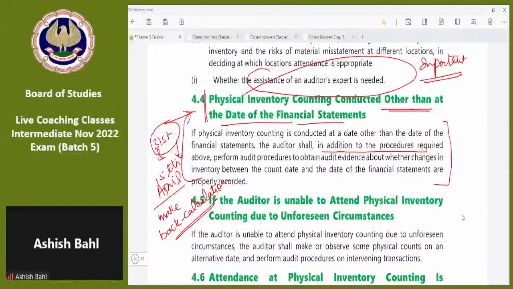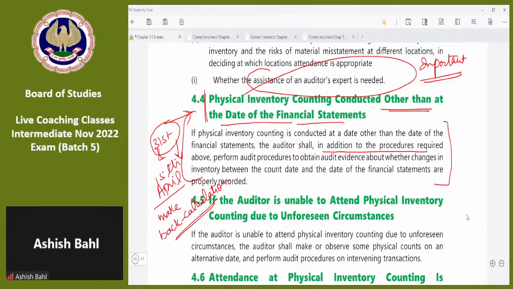Yes guys, any answers? Say during this period sales might have taken place, so he would be reducing those quantities.